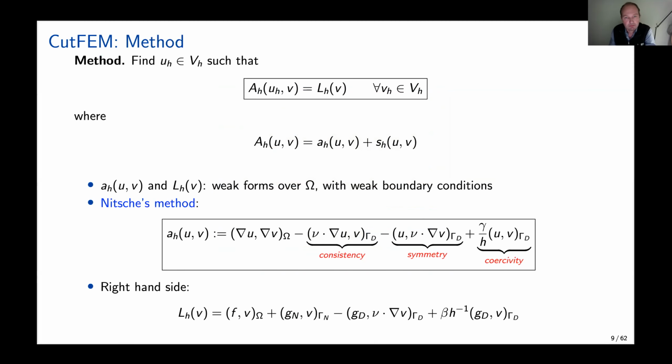And if we look at the formulas here, we have the standard statement, capital A_h, that bilinear form is the sum of a_h and s_h. a_h is the usual Nitsche form, and s_h is the stabilizing form.